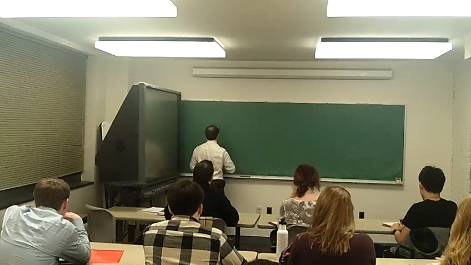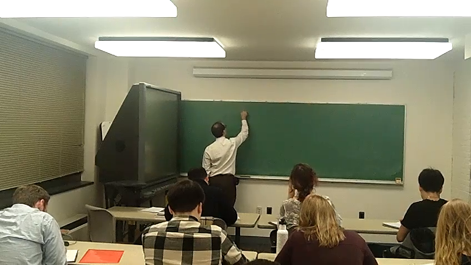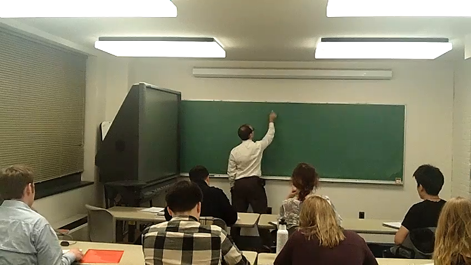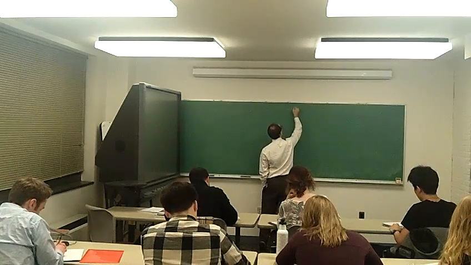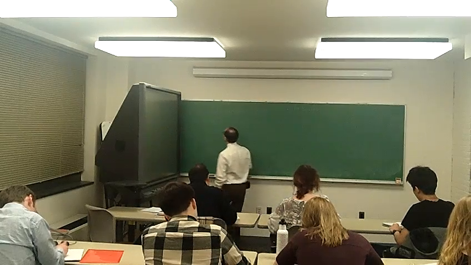So a commutative diagram, well, I'll say a commutative diagram of vector spaces. So I'll give you a definition.